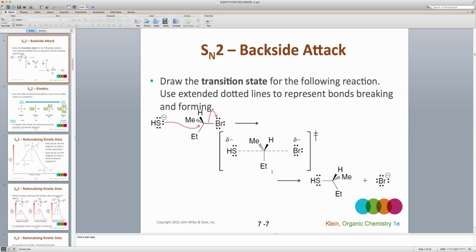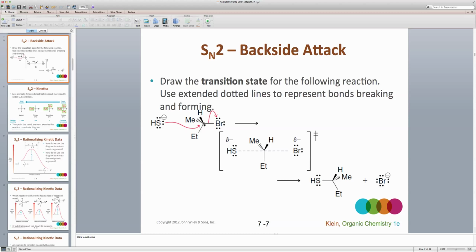And as this bond begins to make, that is, look at the transition state, as this bond begins to make, the carbon-bromine bond begins to break, but notice the three atoms that are bonded to the electrophilic carbon change their geometry, if you will, to a planar adaptation.